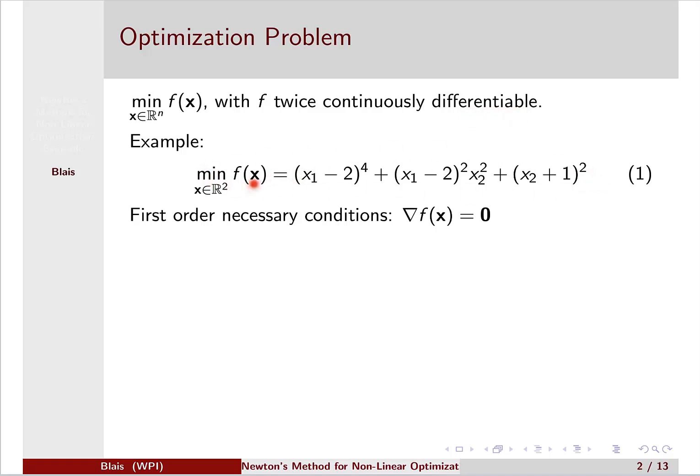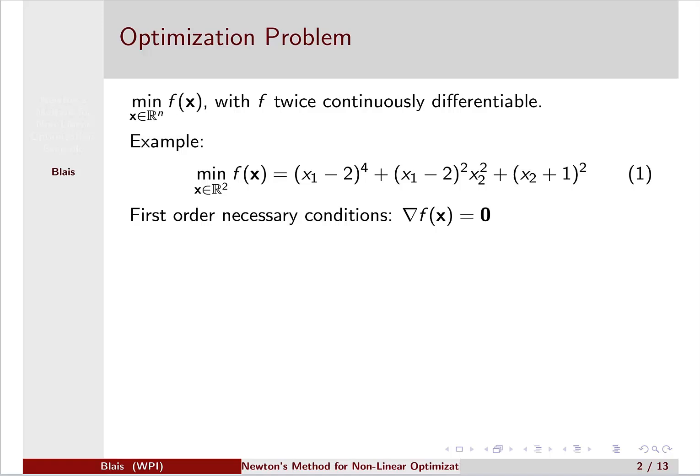We're minimizing f(x), where x is a vector in R^2, and we have (x1 - 2)^4 + (x1 - 2)^2 x2^2 + (x2 + 1)^2. Recall that this has a first order necessary condition of the gradient of f(x) being equal to 0.